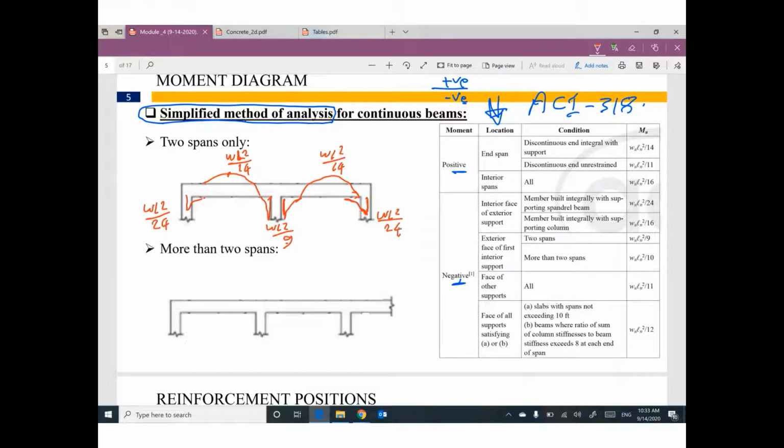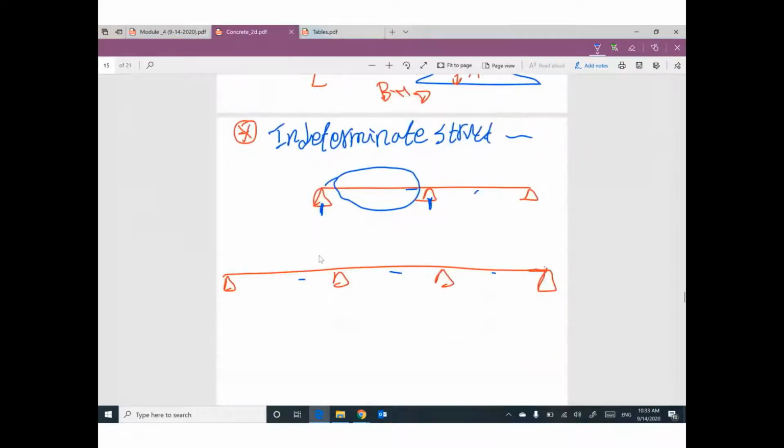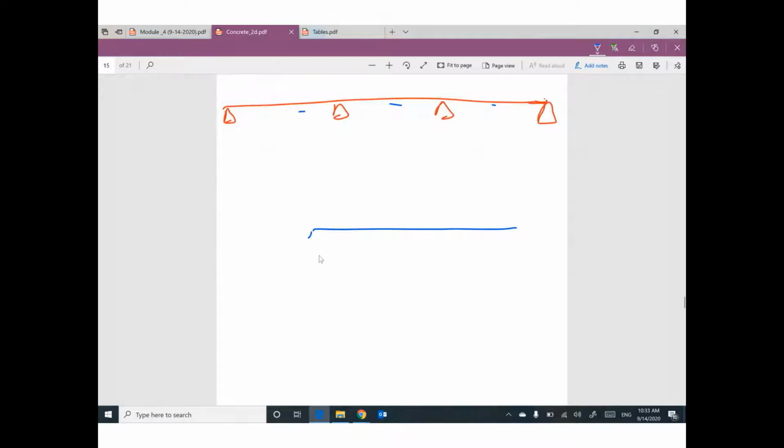If you would like to draw it in a very simple way, if you have 2 spans, we have here a little bit of negative moment. Then we have positive, negative, positive, and a little bit of negative.